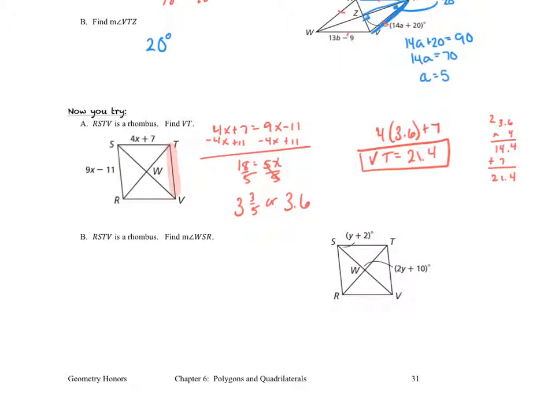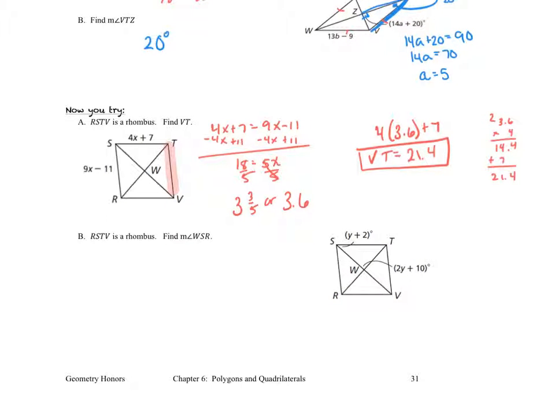Okay, RSTV is a rhombus. Find the measure of angle WSR. So this angle right here. Well, I'm already marking. I see that 2y plus 10 is pointing towards the middle, and I know that those diagonals are perpendicular, so therefore it's 90 degrees. So 2y plus 10 is 90 degrees.